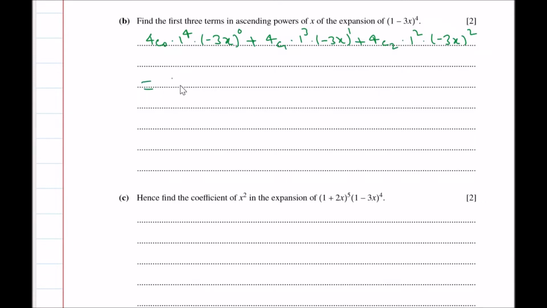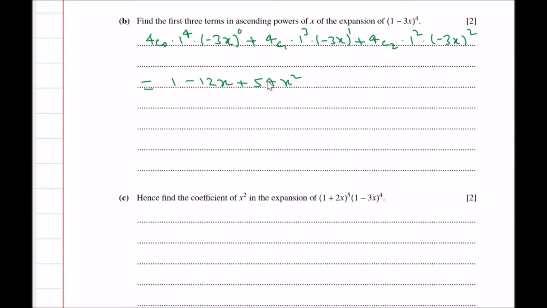So we get 1 minus 12x. 4C1 means that value is 4, and into minus 3, so minus 12. 4C2 is 6, and minus 3 square is positive 9, so 9 times 6, 54. So positive 54x square.